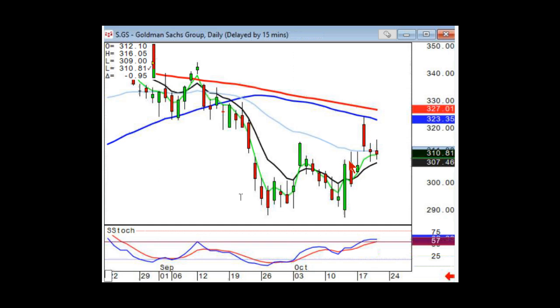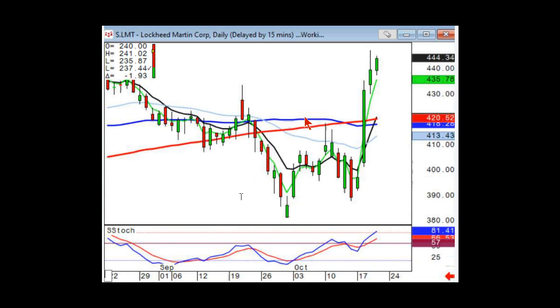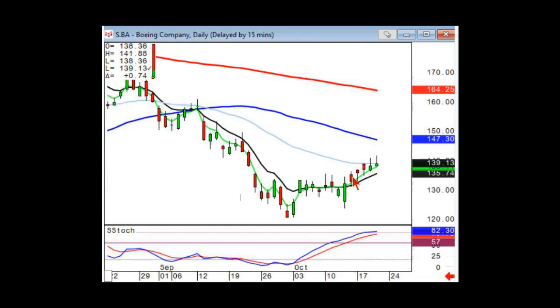If you were long and it did that, you flip immediately to your 10-minute chart to see whether it's going to go through or not. Now, I did hit GD, which still has a strong movement. Right now, the defense stocks are acting very well. There's Lockheed Martin, and I even think Boeing has a nice chart to it.